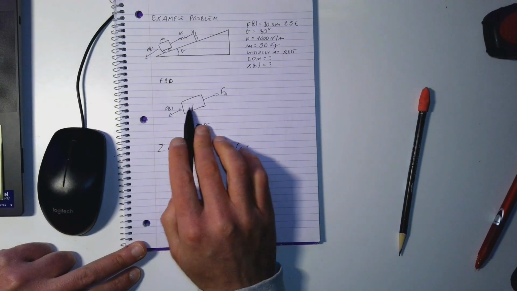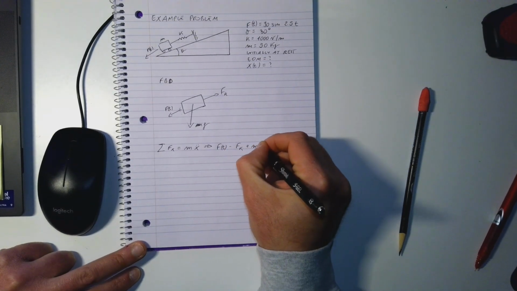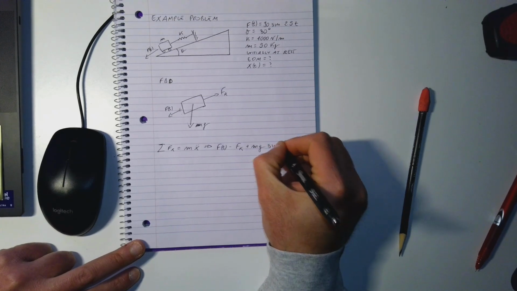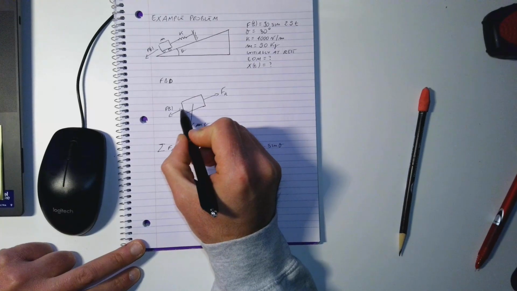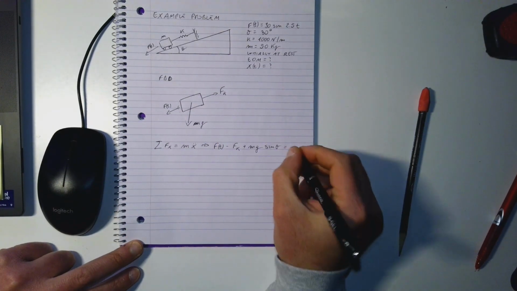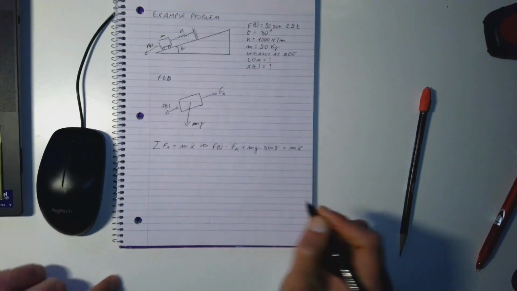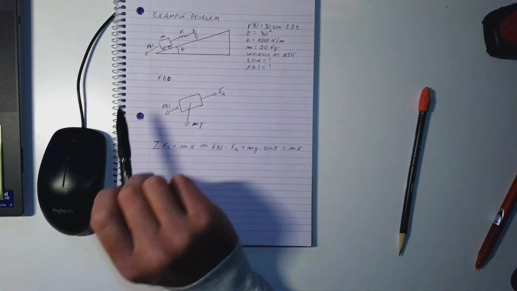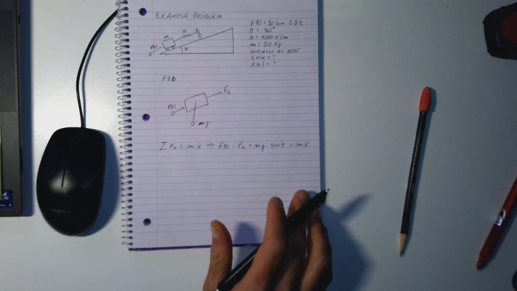It is in the same direction as the external force, so we have a positive sign: m times g times sine of the angle theta, because we're looking at this component here. This will be equal to m x double dot. Again, we called x the direction parallel to the surface of this plane.